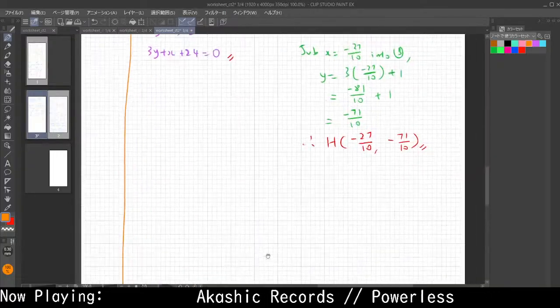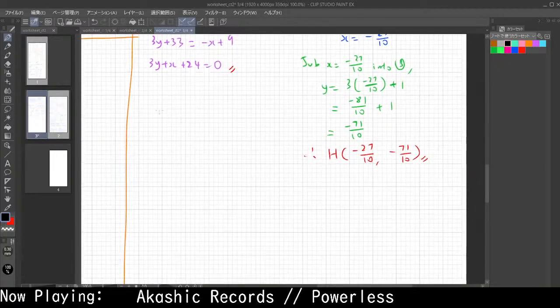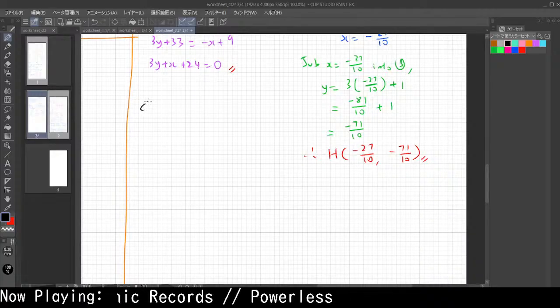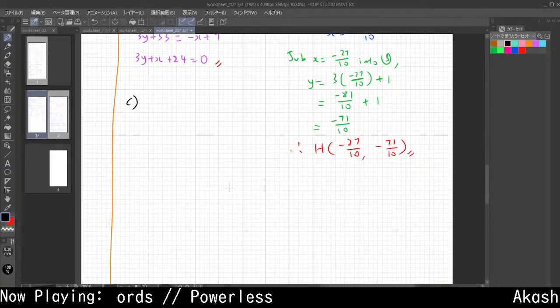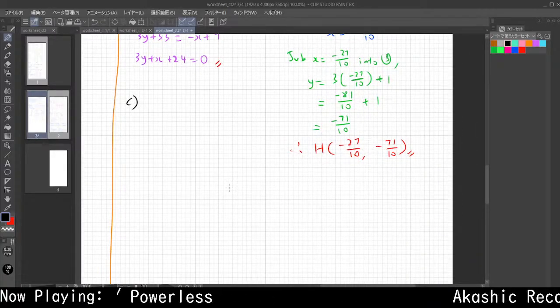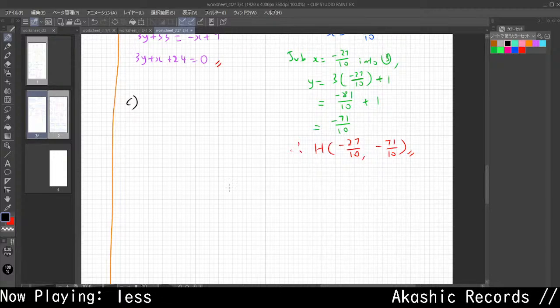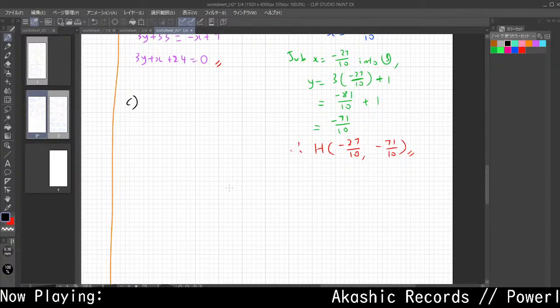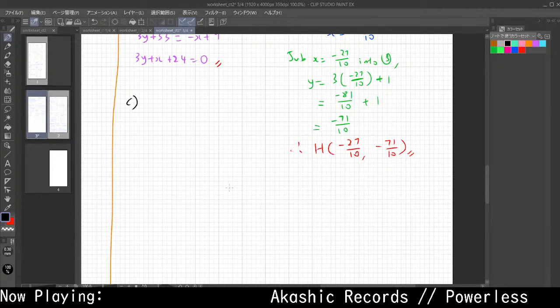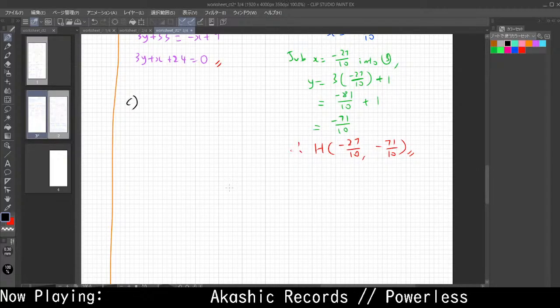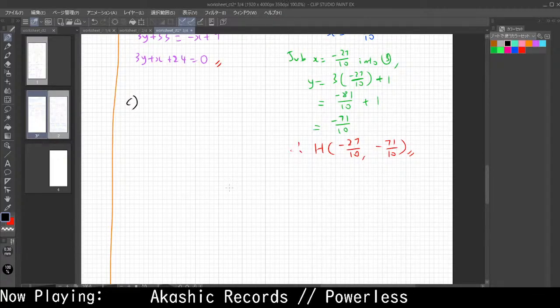Okay, then next, part C. C says construct another line FG such that its gradient is 2 and its midpoint lands on L2 as well. Given that G has coordinates negative 5 comma 2, find the coordinates of F. This is quite tedious.